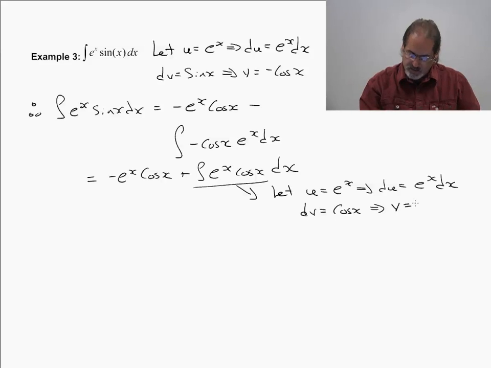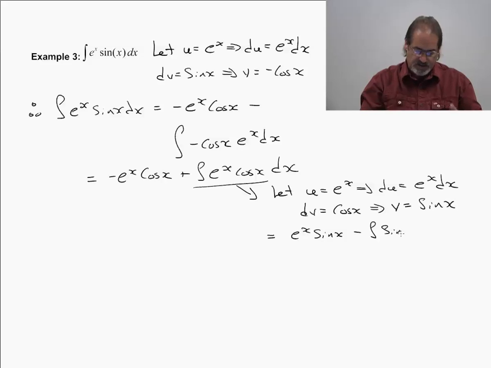So this piece will actually be equal to uv, that's e to the x sine x, minus the integral of v, which is sine x, du, which is e to the x dx. So let's put all this together now.